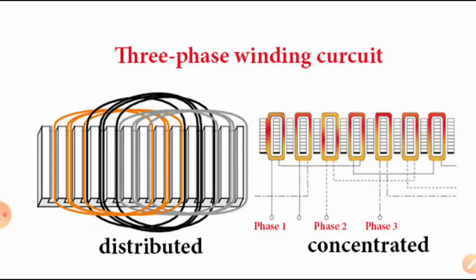Whereas in motors, we require three-phase distributed winding with full pitched coils, with pole pitch. Sometimes we can use short pitched coils also. What is short pitched? We have already learned in previous classes. Here, distributed winding means the same winding.